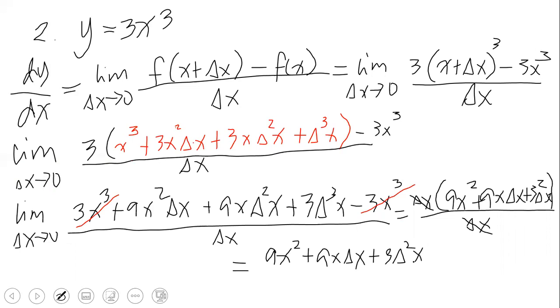So, na-cancel out na natin yung delta x. So, this time, evaluate natin as delta x approaches 0. So, therefore, ito, magsisiro na to. Kasi 9x times delta x, that will be 0. And this will become 0 na to. So, therefore, the final answer will be 9x squared.